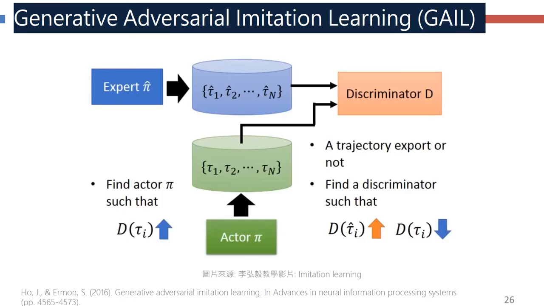And we are currently trying to use a scheme which applies GAN, generative adversarial network, with reinforcement learning to do imitation learning. I will explain the details of this GAN-based imitation learning in class.